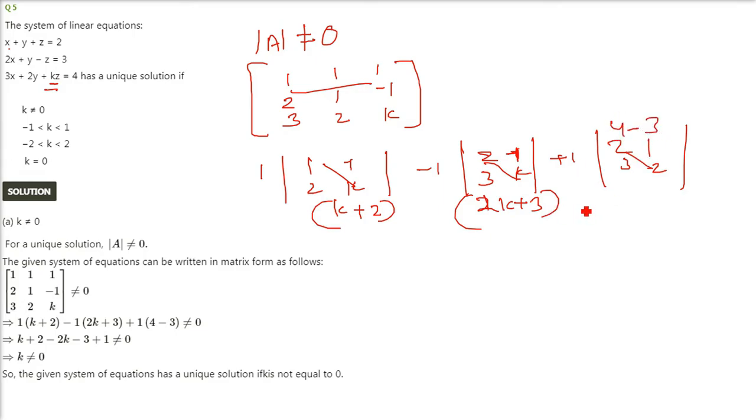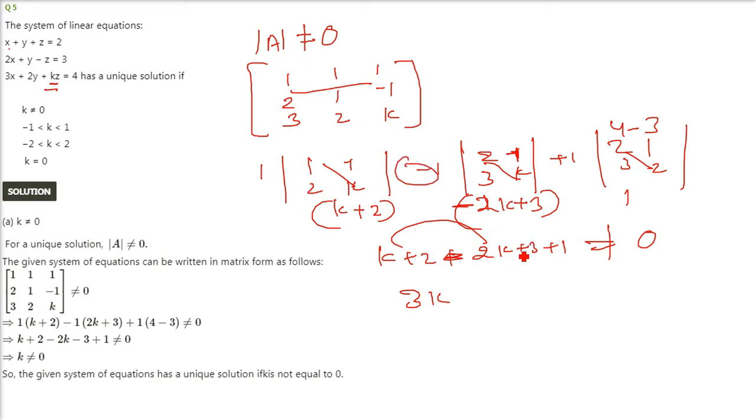So what will be the case? See, k plus 2, it will be negative. Okay, negative. So minus 2k minus 3. So let me just change it. It is negative.